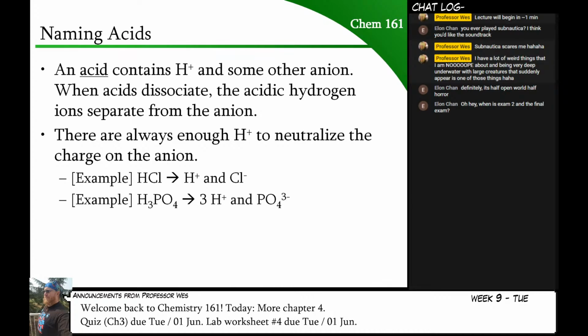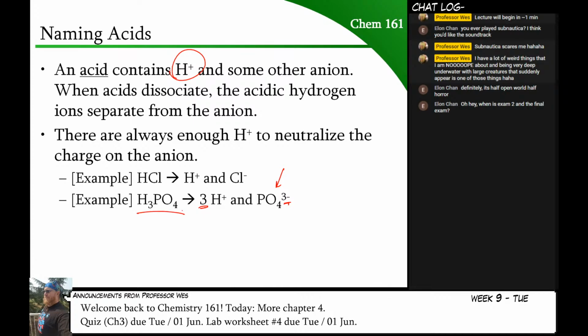To name an acid, first you need to know the formula of an acid, and that requires us to know what exactly an acid is. So, acids contain this in them, H+. There's going to be enough H+ to neutralize whatever the charge is on your anion. So if you pair it with phosphate, the charge on phosphate is 3-. I'm going to need 3 H+ to balance out the charge, and then that will be my formula.